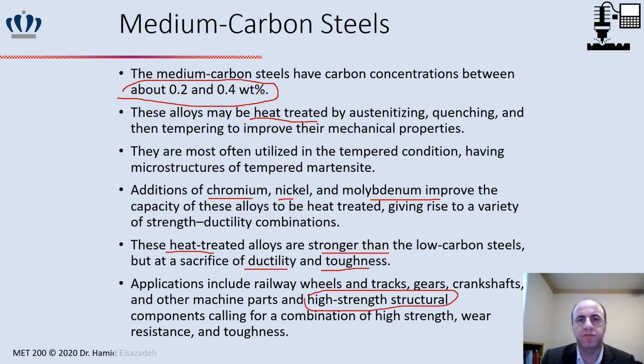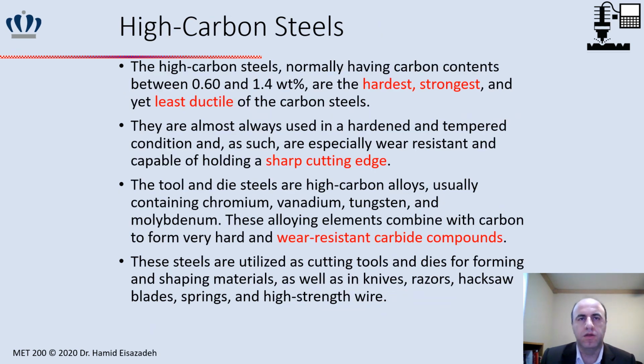We can use these alloys in gear, crankshaft, and railway wheels. Also, these materials have a better wear resistance compared with the low carbon steel because of these alloying elements we have in this material. The next group is high carbon steel, which is the hardest and the strongest because of the amount of carbon. We have a carbon between 0.6 and 1.4 weight%.